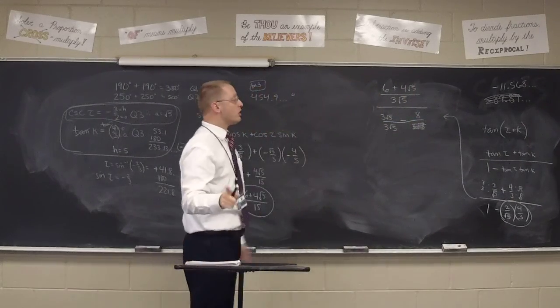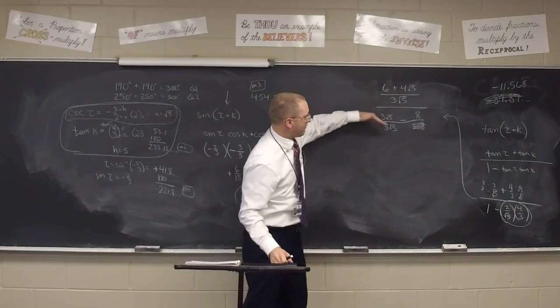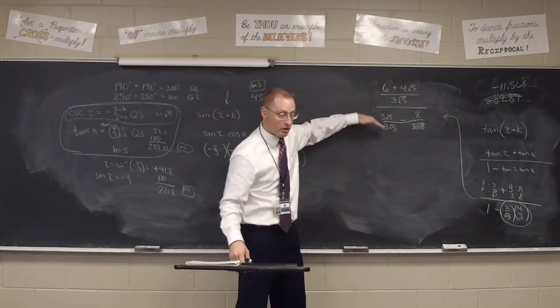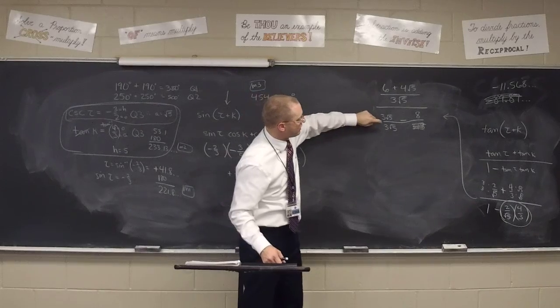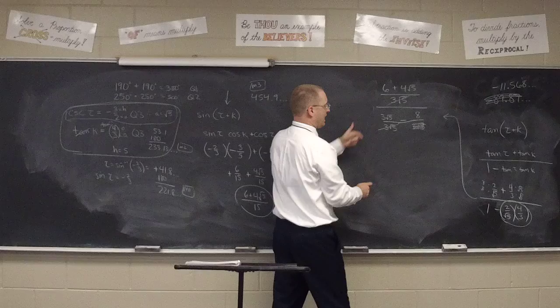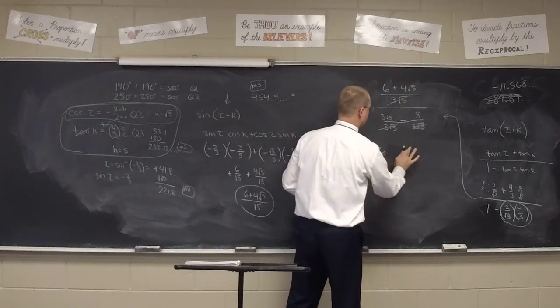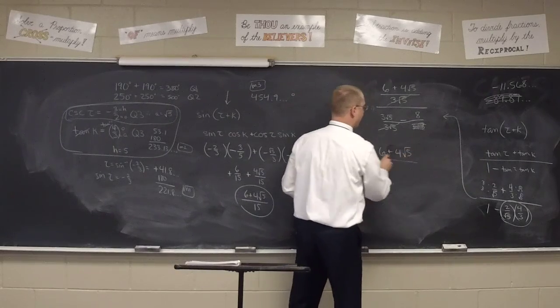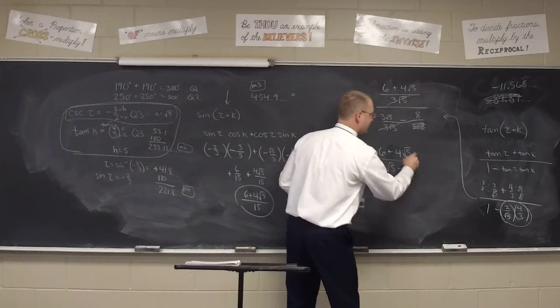Now notice, both of these have the same denominator, 3 square root of 5. So when I multiply by the reciprocal, this is going to move to the numerator and cancel, and this is going to move to the denominator. So really, I have 6 plus 4 square root of 5 all over 3 square root of 5 minus 8.